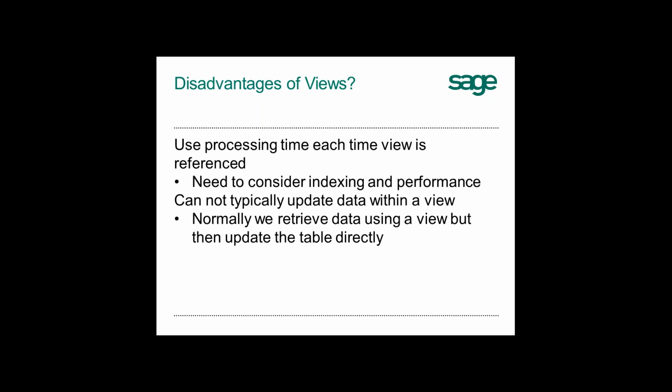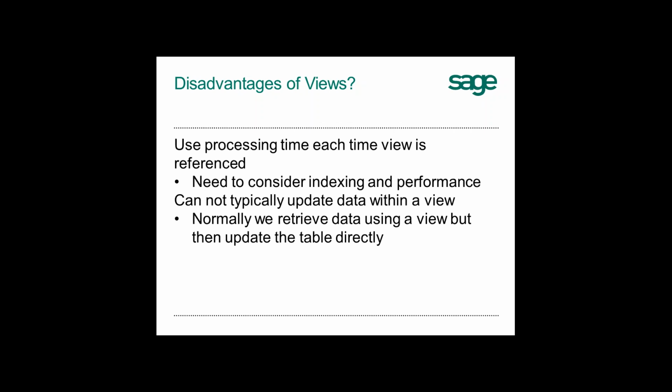But of course, we're asking a question of the database that is one step removed from the actual database table. So there is an element of processing time each time we reference a view rather than going directly against the table. And because a view is likely to touch on more than one table, not only do we have the problem of indexing for one of the base tables, we also have a multiplier effect of dealing with indexing across each table that is referenced within the view.